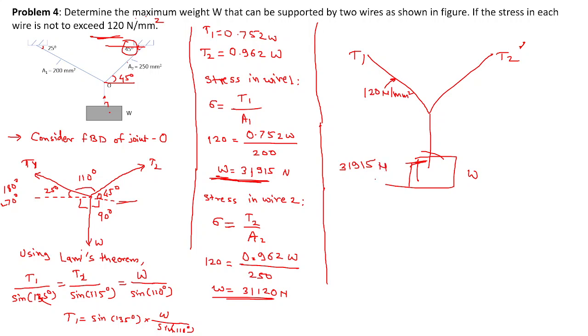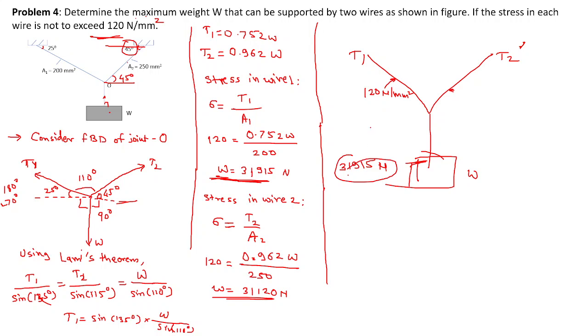That's it. Okay, if we consider this a load, then this will exert stress in the first wire of 120 Newton per mm square. We don't know how much stress this load W can produce in the other wire.